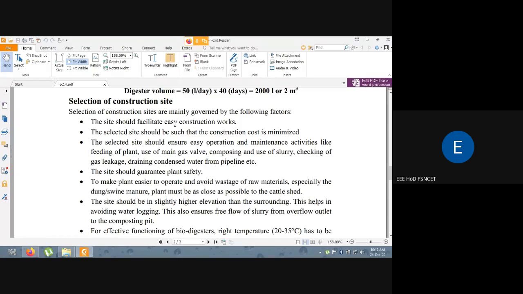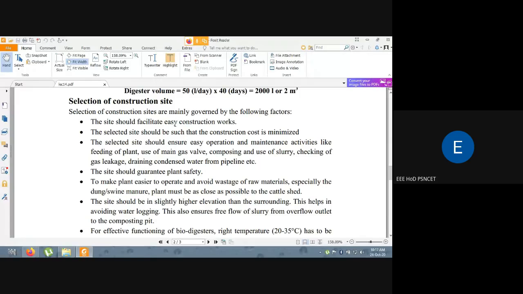The mixing table is above ground level, and the digester and the chamber are placed underground. So we need to dig a huge tank underground. If there are a lot of rocks, it is not an easy task to dig. So for that purpose, the land selection should be optimum.